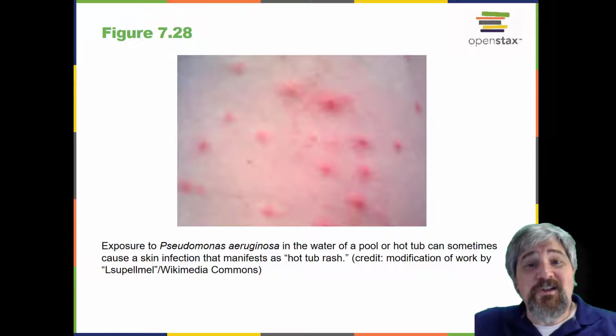The tests included the production of the blue-green pigment pyocyanin on cetrimide agar and growth at 42 degrees Celsius. Cetrimide is a selective agent that inhibits the growth of other species of microbial flora and also enhances the production of Pseudomonas aeruginosa pigments pyocyanin and fluorescein, which are a characteristic blue-green and yellow-green, respectively.